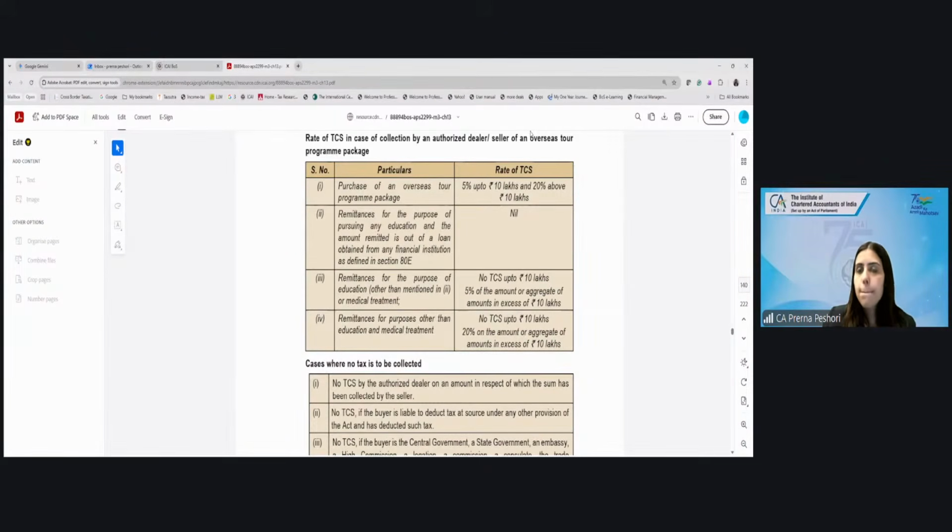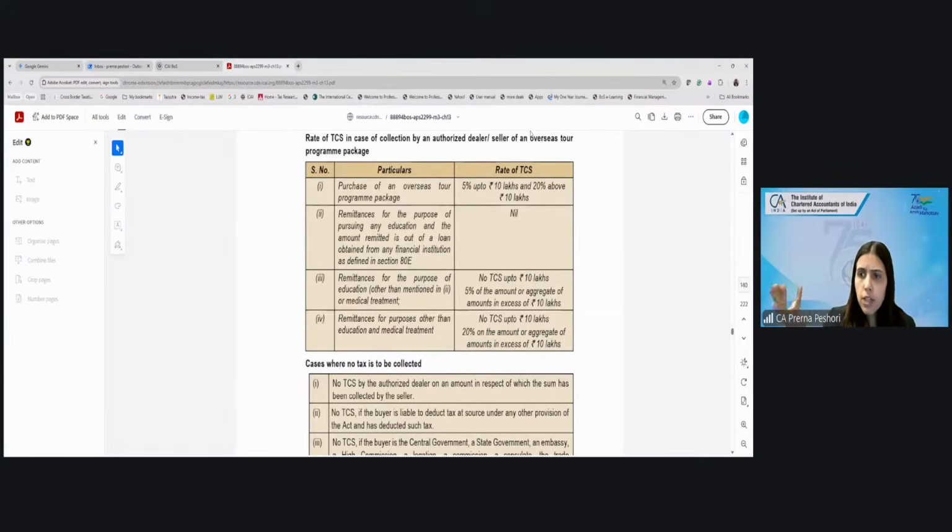Ma'am, overseas remittance and overseas packages both will be considered as same, na? No. Overseas remittance is under LRS. Overseas tour program package is where you purchase the package for the overseas tourism. Remittance can be for anything.